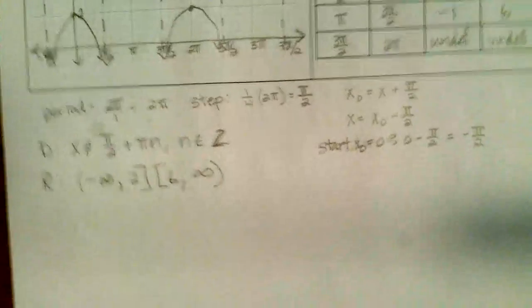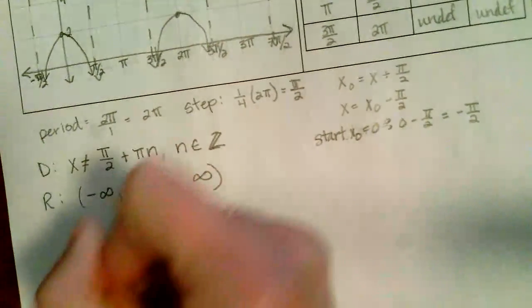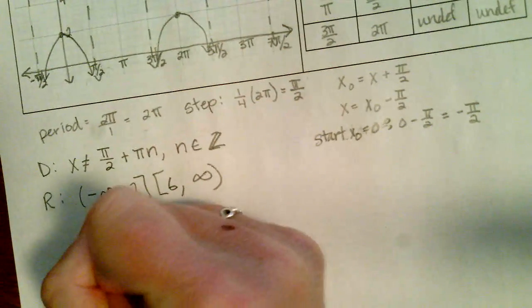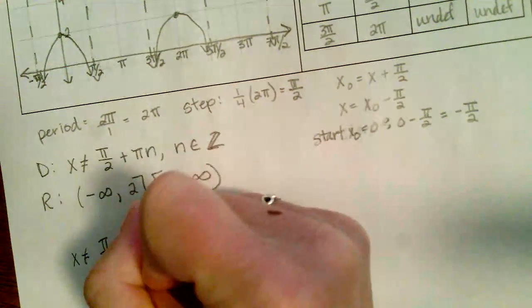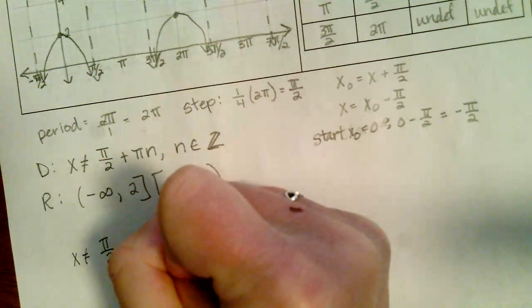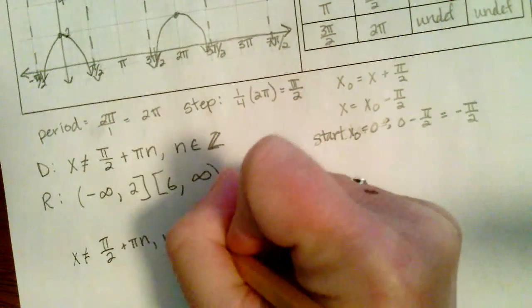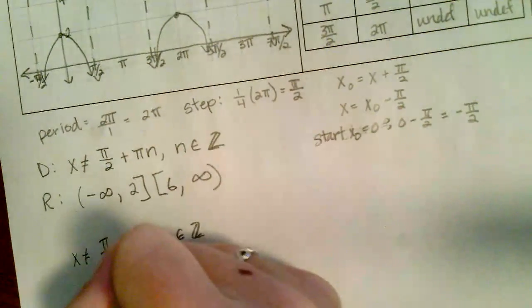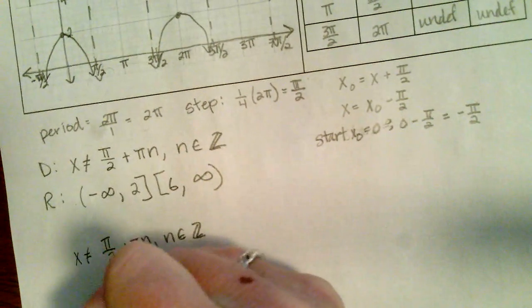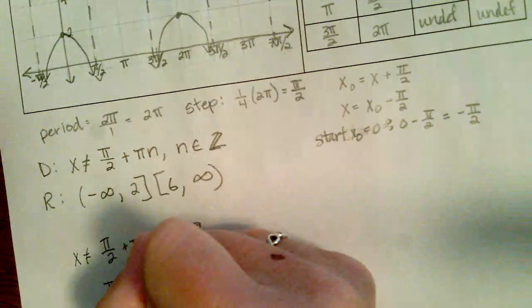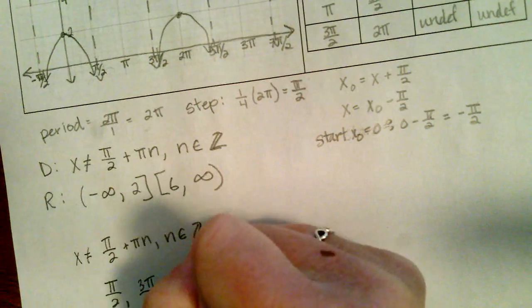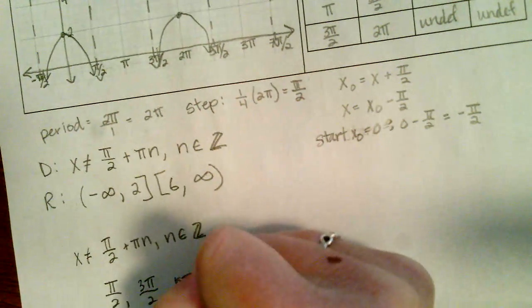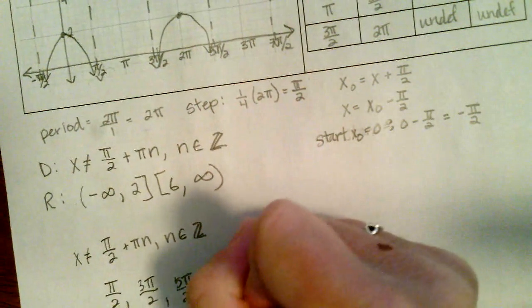Okay, so real quick, I talked about how your domain can look different. So let's say I say X cannot be pi over 2 plus pi n, where n is an integer. Okay, this is the list we found above. Pi over 2, 3 pi over 2, 5 pi over 2, 7 pi over 2.